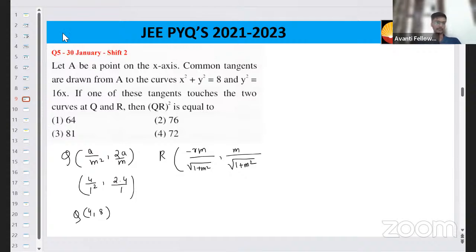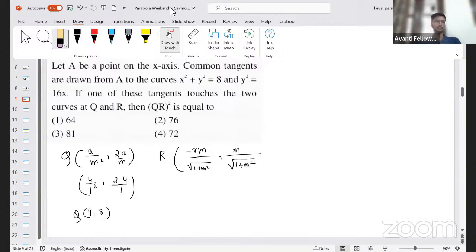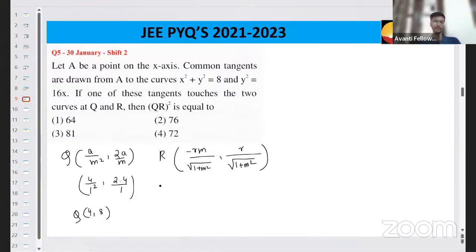Sorry, r, it is r. My mistake. You must have studied this in circle. So what is the radius? Radius is 2 root 2, right? So it will be minus 2 root 2 into 1 upon under root of 1 plus 1, comma, 2 root 2 upon under root of 1 plus 1. So what is under root of 1 plus 1? It is root 2. So I think this root 2 will get cancelled and we'll get the point R as minus 2, comma, 2. Simple.